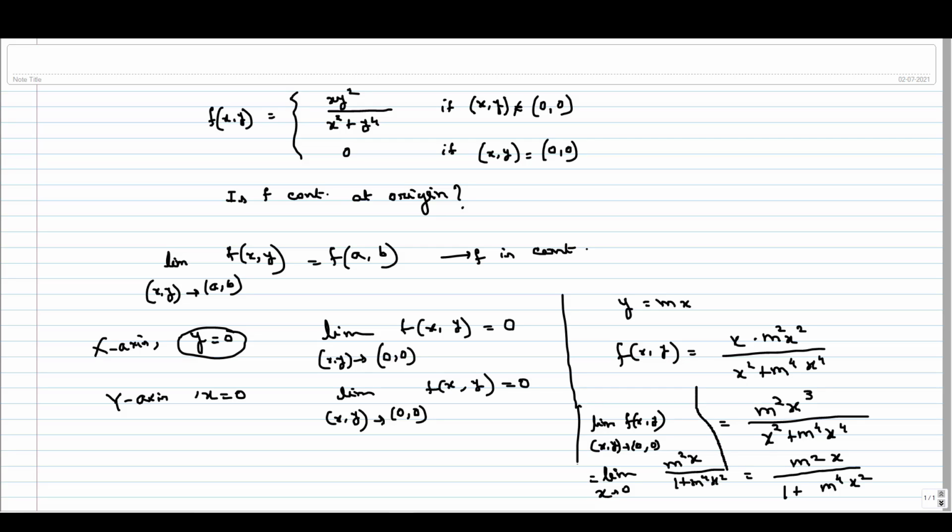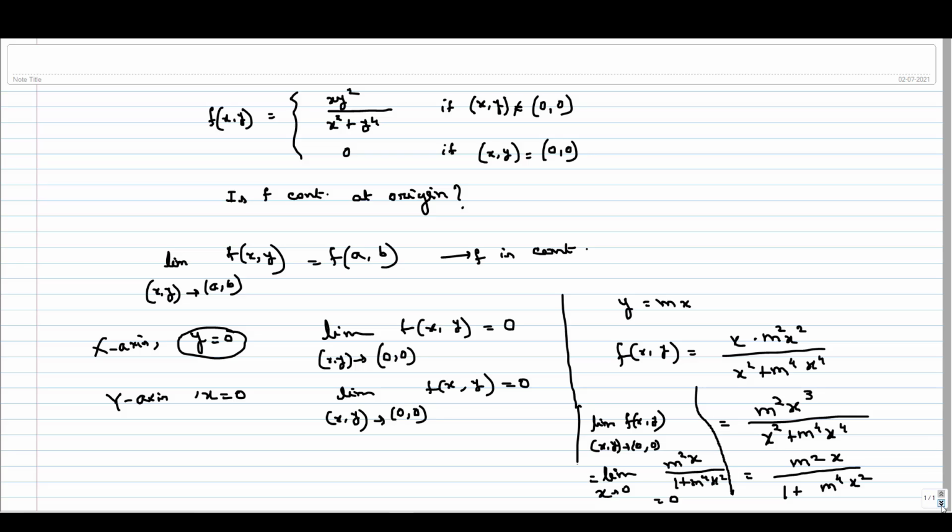As x tends to 0, the value of this function is 0. So along any straight line this function is going towards 0, but still we cannot conclude that the limit is 0, because there are infinitely many curves by which we can approach the origin.